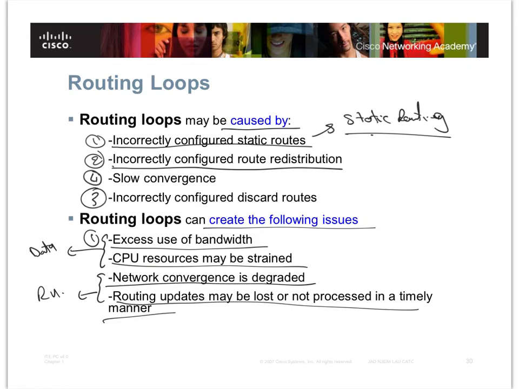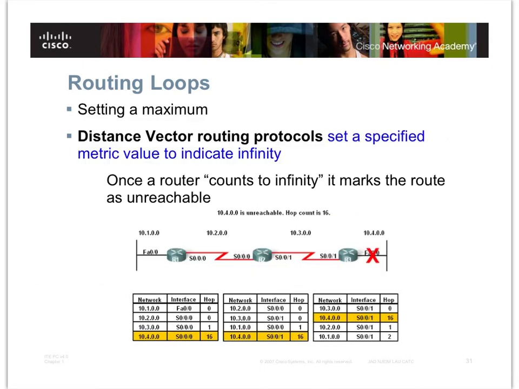And because they maintain a partial view, a router may incorrectly accept an unreachable route from another router and insert it in the routing table. So if we understand this, then we should try to mitigate it. We should try to know how to correct this problem.